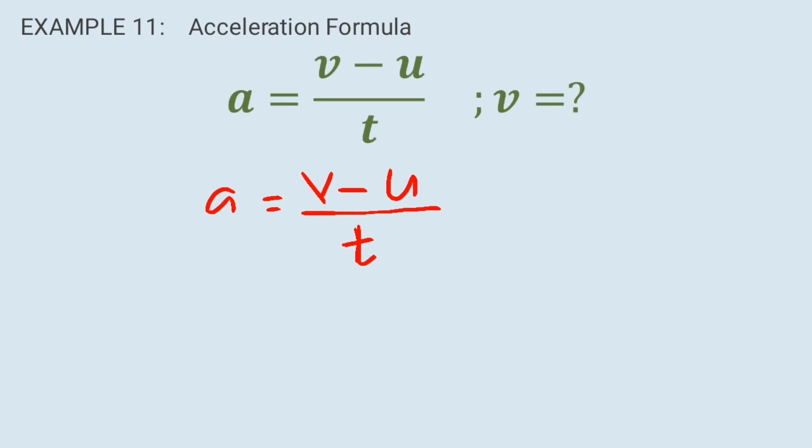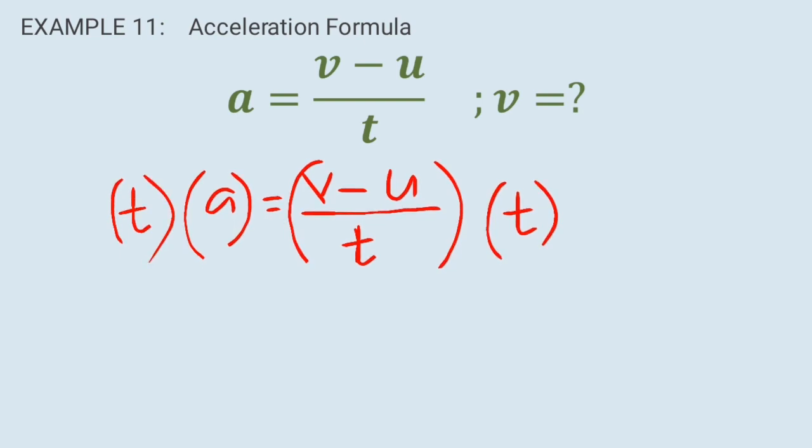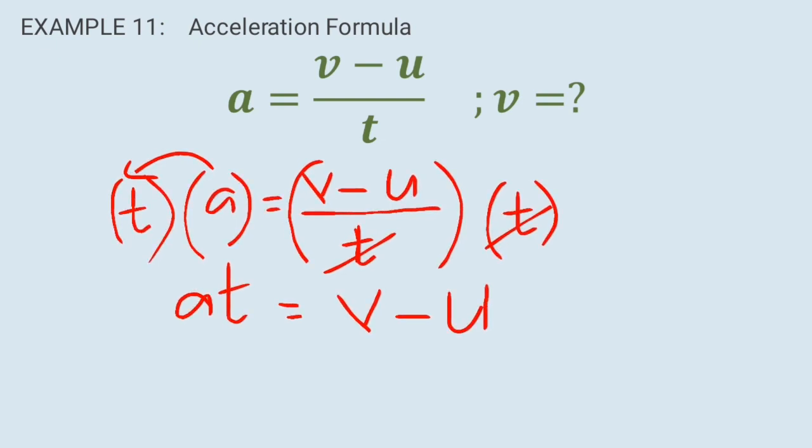We have to multiply this by t, and also on this side. Now, what is a times t? It is a t. And in here, we can cancel this out. And we are left with v minus u.